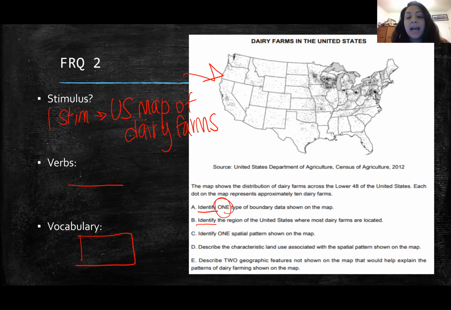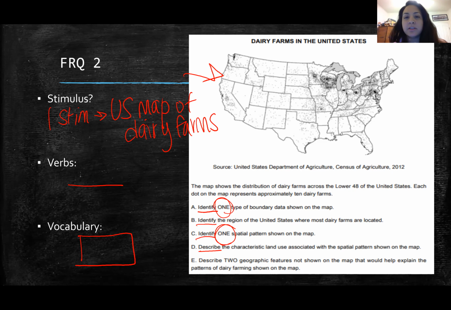Letter C, identify one spatial pattern shown on the map. God, there's a lot of vocabulary in this. Goodness, I'm so glad Miss Olma does fill in the blank vocabulary. All right. Letter D, describe. So describe, that's an important one, the characteristic land use associated with the spatial pattern shown on the map.